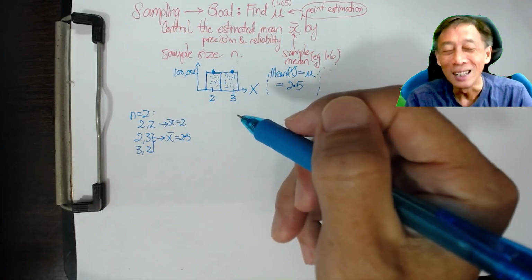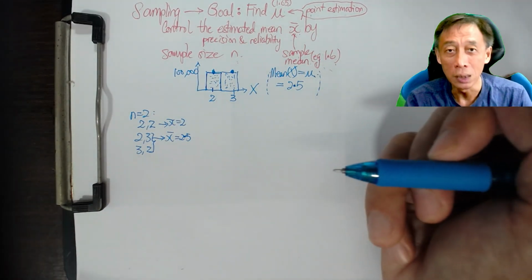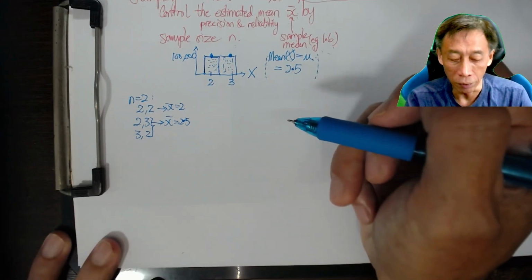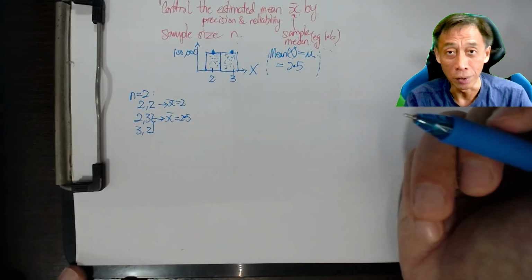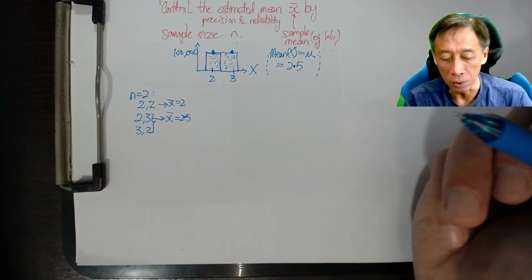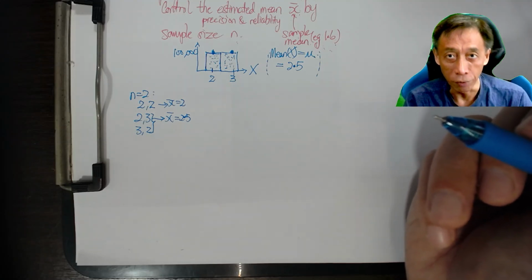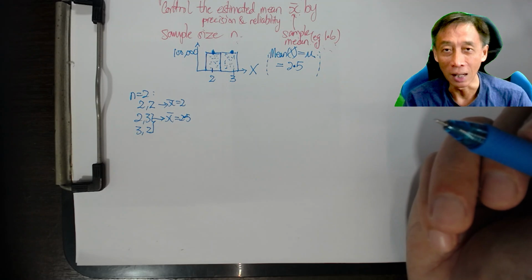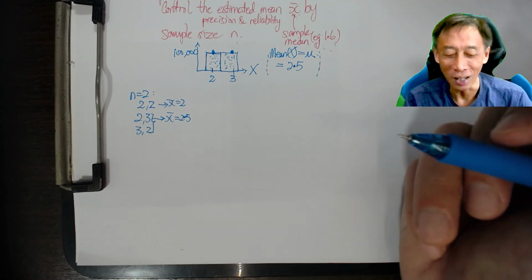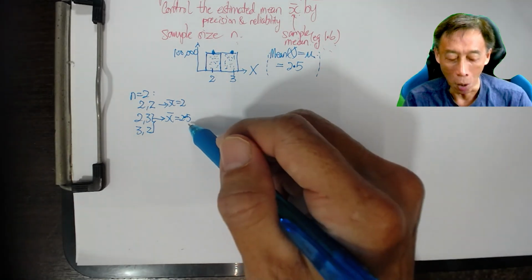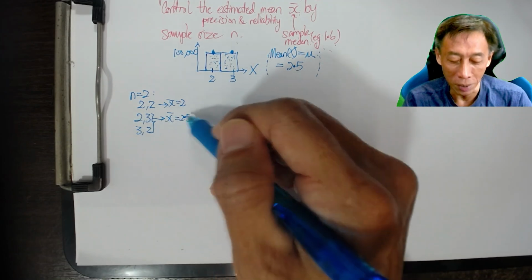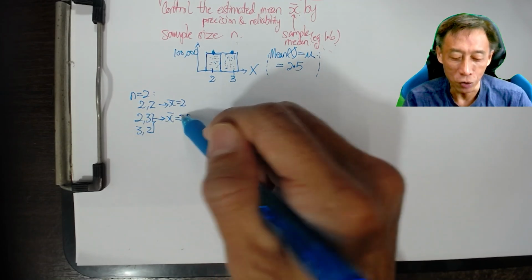That means there are twice as frequent encounters of the 2, 3 and 3, 2 combination. If you physically ask them, there's a sequence: 2, 3, then followed by 3, 2. But if you don't care about the sequence, then you just have a combination, and the combination produces an average of 2.5.